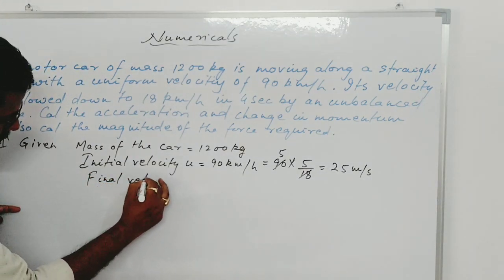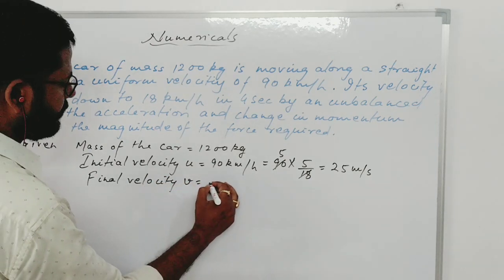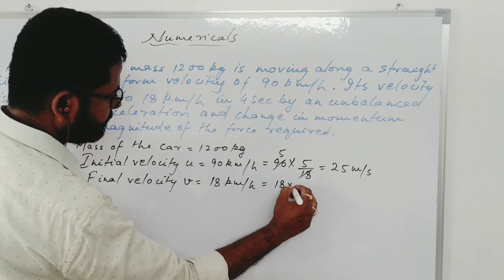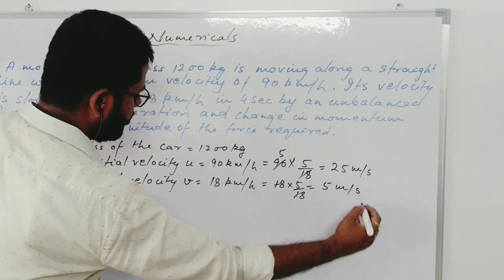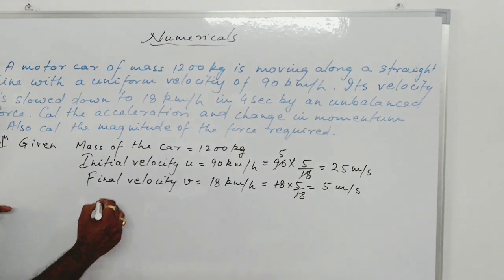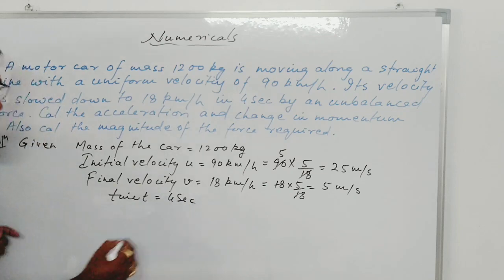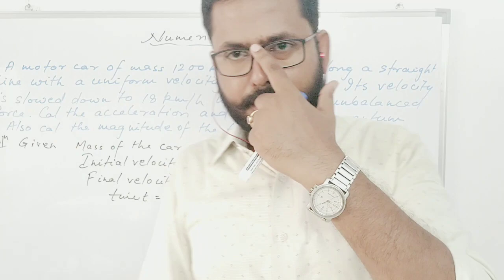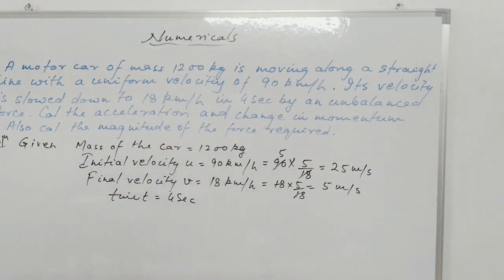Final velocity v is equal to 18 kilometer per hour. Change this also, that will become 5 meter per second, and time t is equal to 4 seconds. So this much information is given in the question. Now first we are asked to calculate the acceleration.